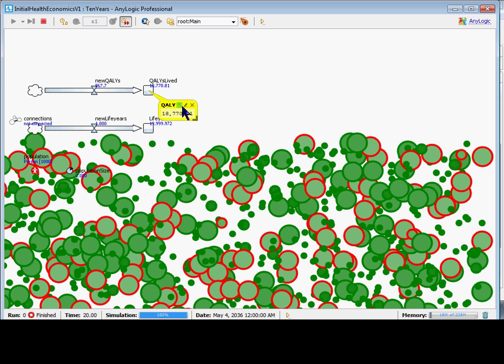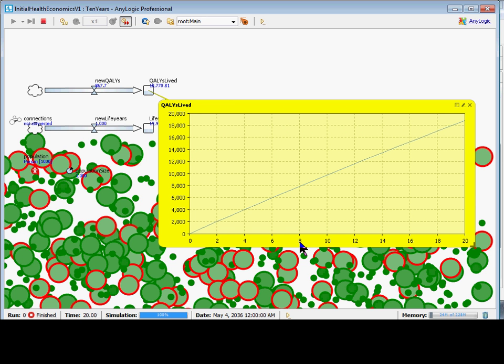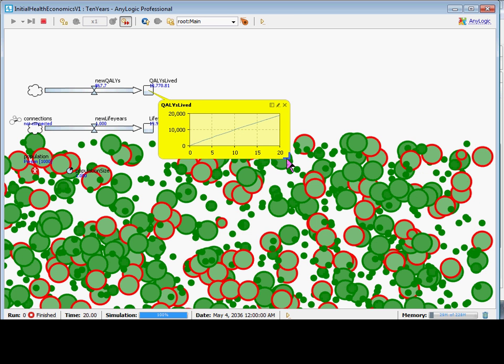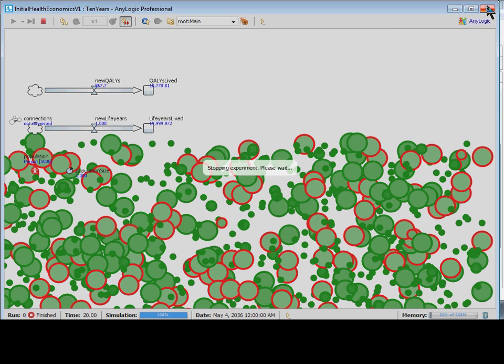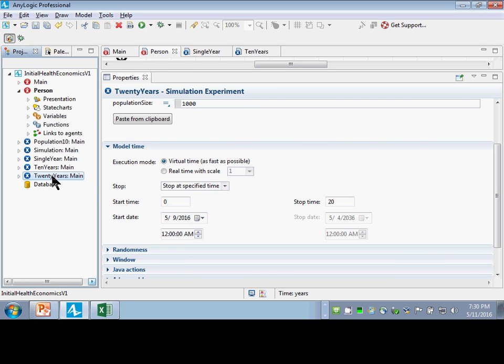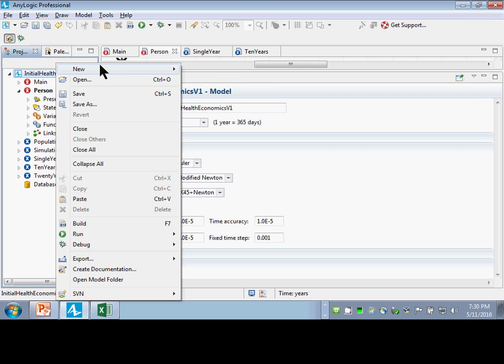Okay, we're going to run it out now for 50 years. New experiment, and I'm going to say 50 years. Now, over 50 years, we'd expect an even larger set to become diabetic and to develop overweight. So I just did it, stop at specified time and under model time, start time 0, stop time 50.